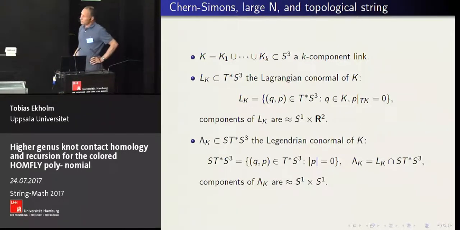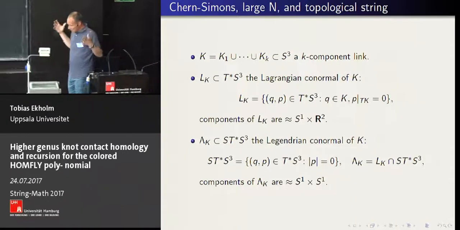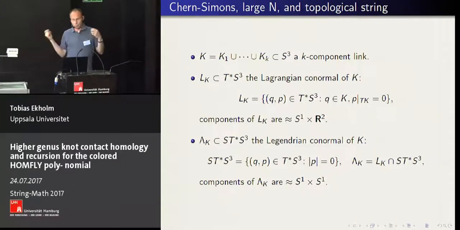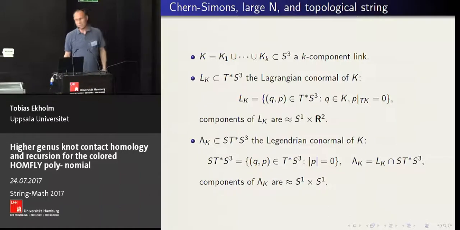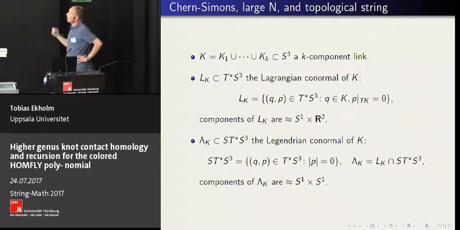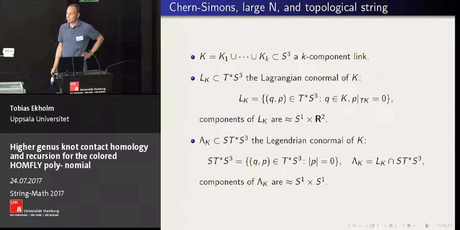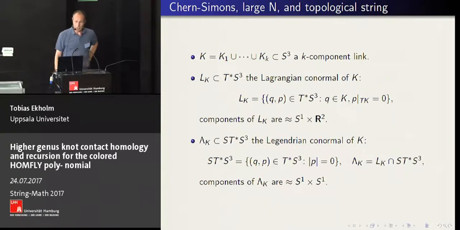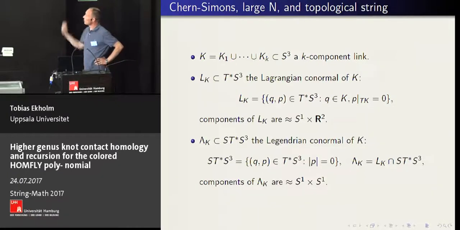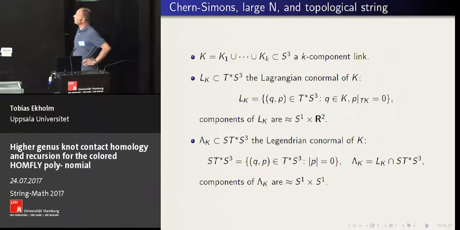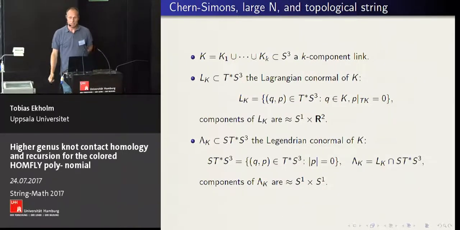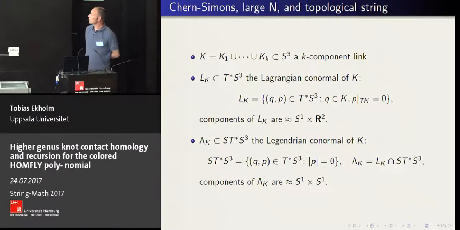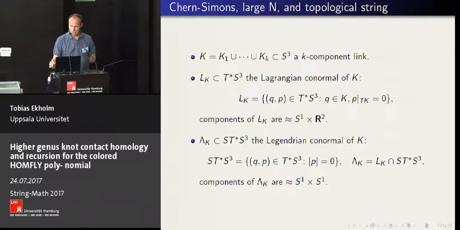The main idea of all this knot contact homology, from the point of view of relating it to Gromov-Witten theory, is that you try to compute things from infinity, and the infinity that we will be using is the infinity of T star S3. That's a 5-dimensional contact manifold, which is the unit sphere cotangent bundle, with a contact form which is the restriction of the action form. And inside there, the trace of the Lagrangian conormal is the Legendrian conormal. It has the topology of a torus for each component of the link.